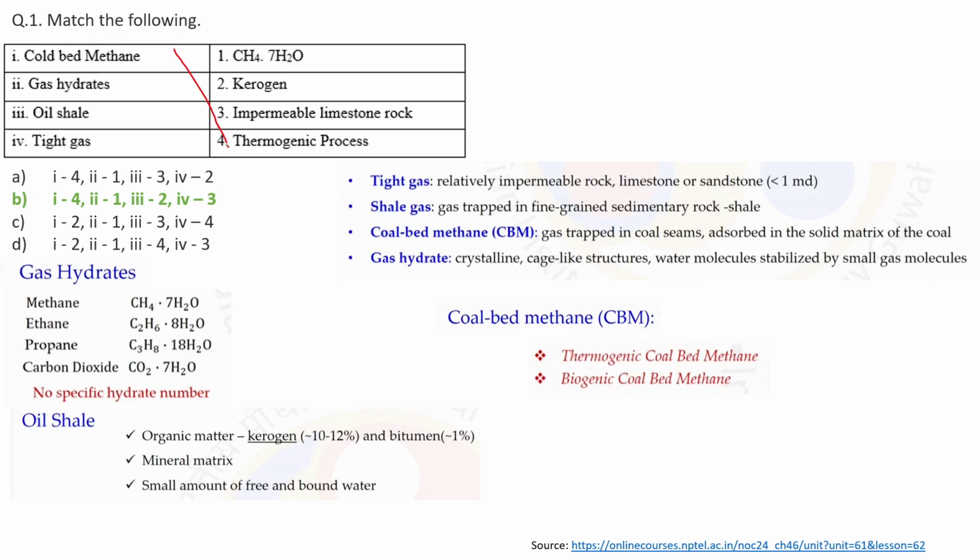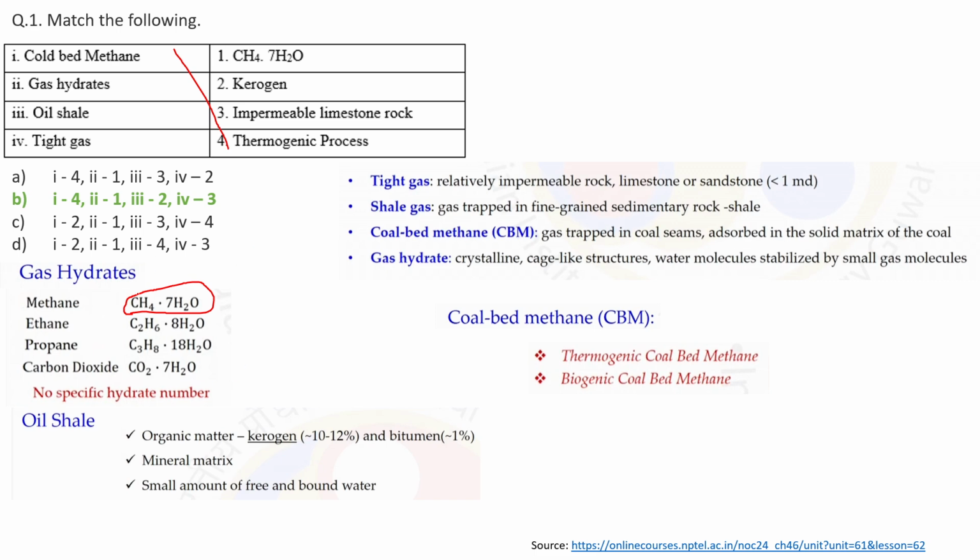Next is gas hydrates. Gas hydrates means it has some gas and some amount of H2O. Different gases like methane, ethane, propane and CO2 attach with H2O in different proportions. Methane attaches with 7 H2O, ethane with 8 H2O, propane with 18 H2O and CO2 with 7 H2O.